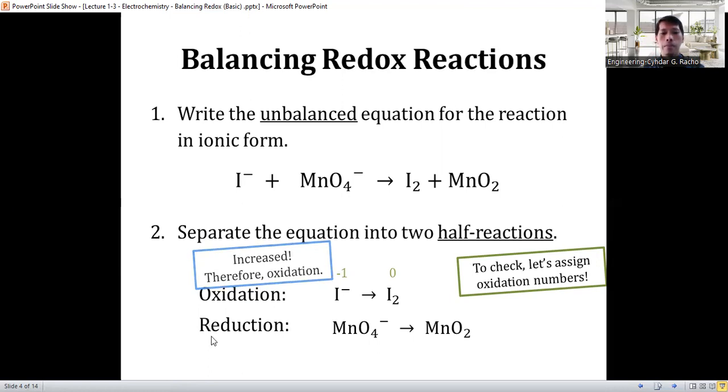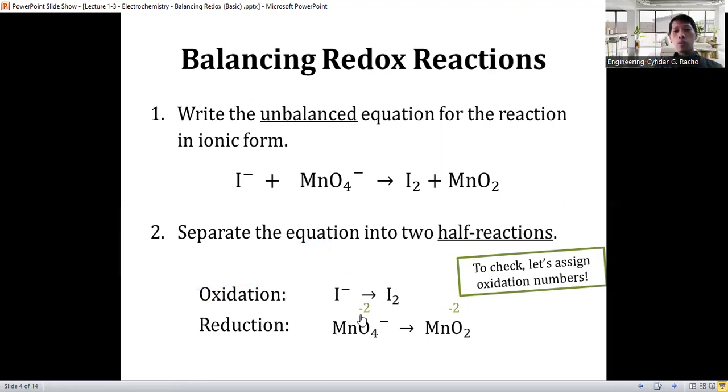On the other hand, on your manganese, we can see that oxygen has a -2 oxidation number. So we have -2 also on the other side of the equation. And we can check what is the charge of our manganese on the reactant side and on the product side. We can solve like this.